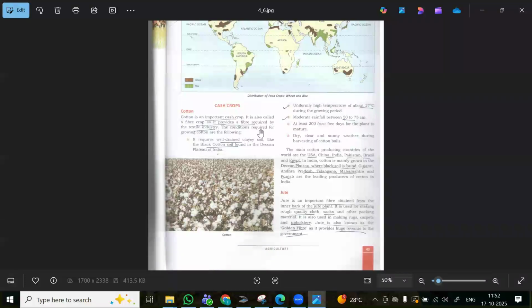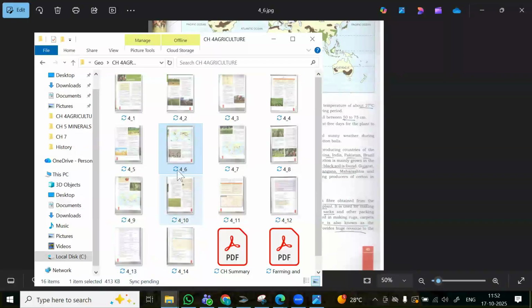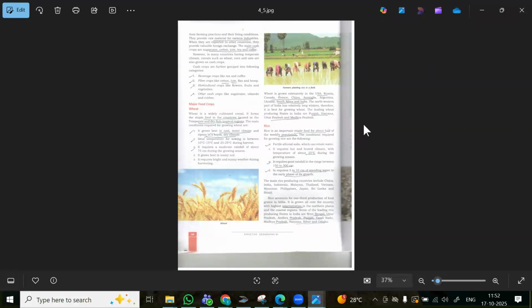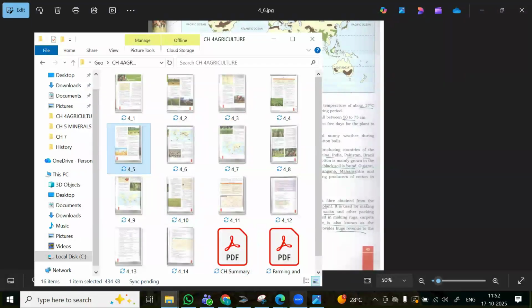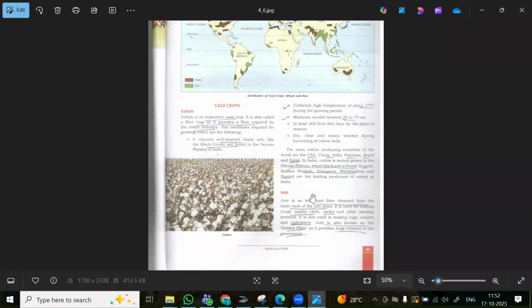Next, did we cover the entire thing on page 5 or did we leave something? Okay, we have covered it. This is page 44. Next, you have page 45.